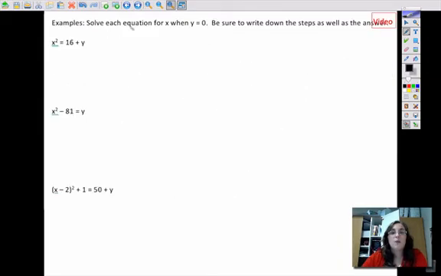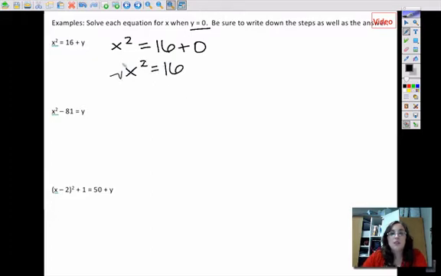So we're going to go ahead and just solve these equations. We're just going to use the golden rule of algebra. So we're going to solve each equation for when y is equal to 0. So I'm just going to rewrite the equation next to it, and I'd like you to do the same thing and substitute 0 instead of y. So all we're trying to do is find out what x squared equals 16.